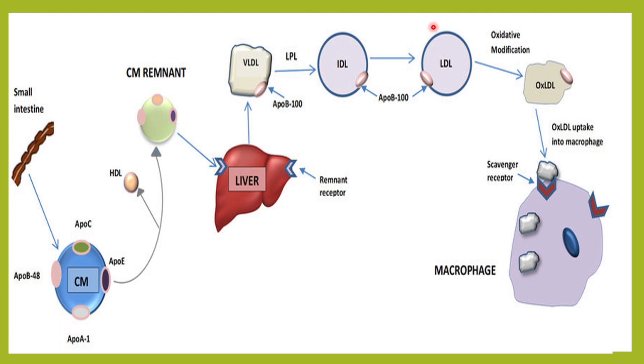Then this LDL will be giving the fatty acids or the cholesterol to the tissue. There is oxidative modification of this LDL, and this will be taken into the macrophages with the help of the scavenger receptors. Whatever remnants are there, they will be cleared by your HDL. So this is how the fat is transported and metabolized in the body.